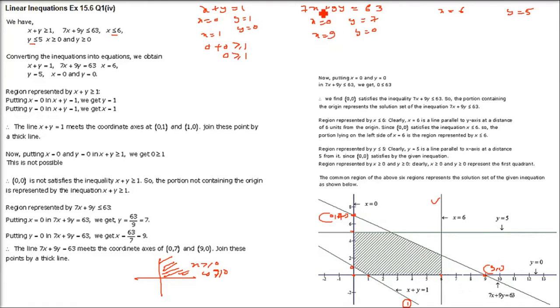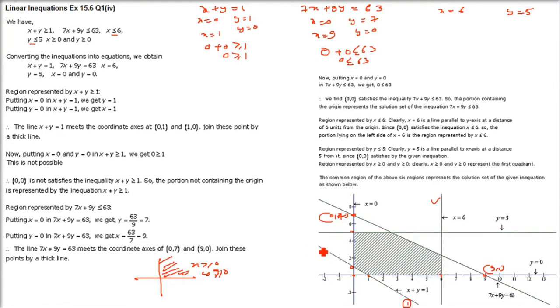Coming to the second line. Put x equal to 0, y equal to 0. We want to find whether the origin is in the solution set or not. 7 into 0, 9 into 0, 0 plus 0, 0 is less than or equal to 63. So 0, 0 is the solution for this line. So all the portion below this line is the solution.